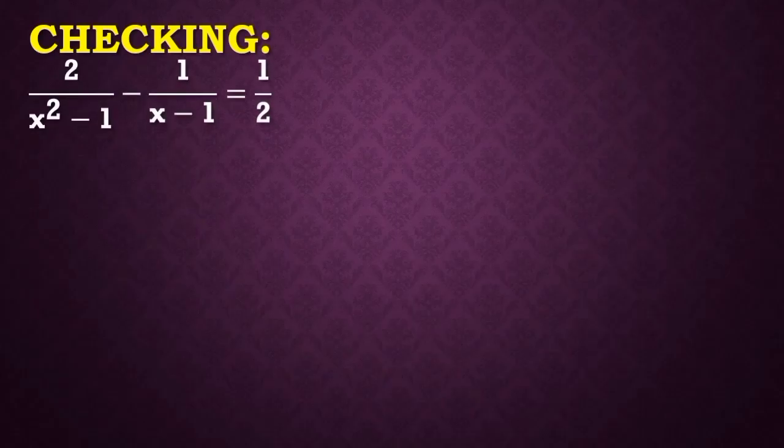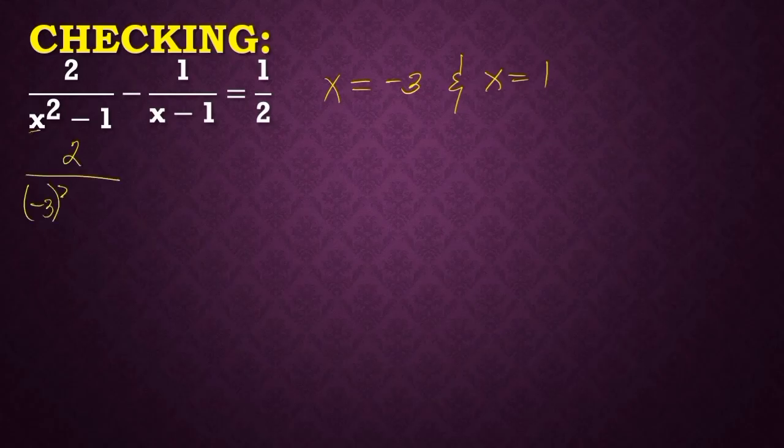So, x equals negative 3 tsaka x equals 1. So, negative 3 muna. 2 over yung x natin, magiging negative 3 squared minus 1 minus 1 over negative 3 minus 1 equals 1 half.